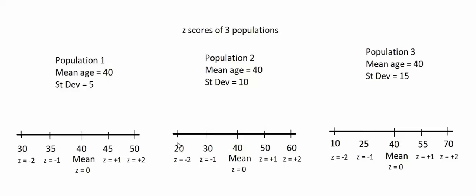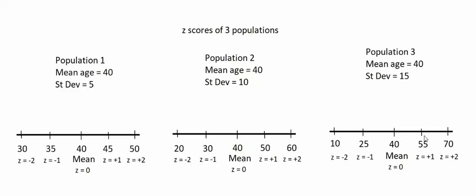If you start at 40 and go down by 15, you get to -1, and it's a 25-year-old in this case. If you start at 55 and go up by 15 again, you'll get to the age of 70, which is +2 in this population. And if you start at 25 and go down by another 15, you get to 10, which is -2 in this population.